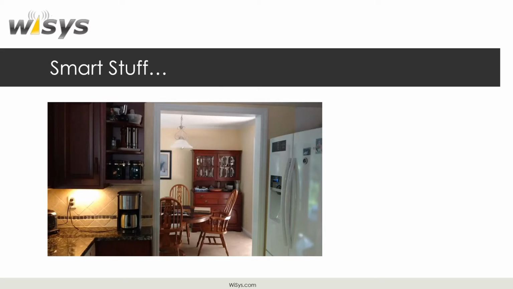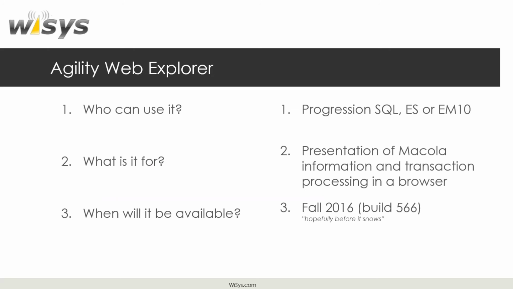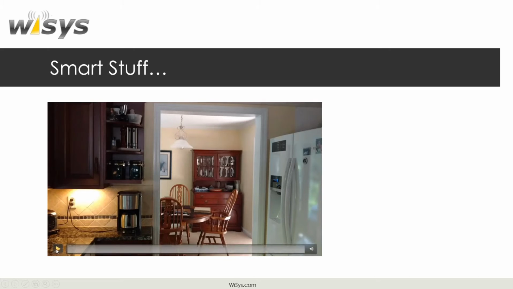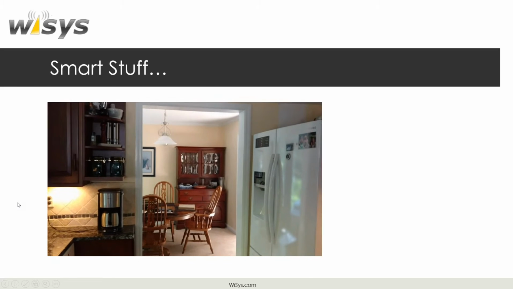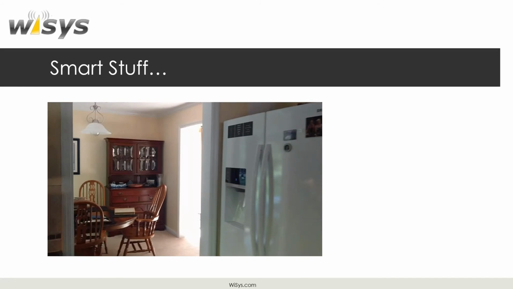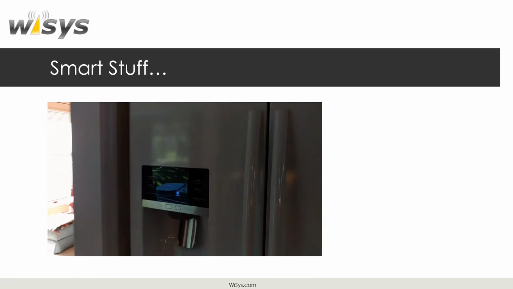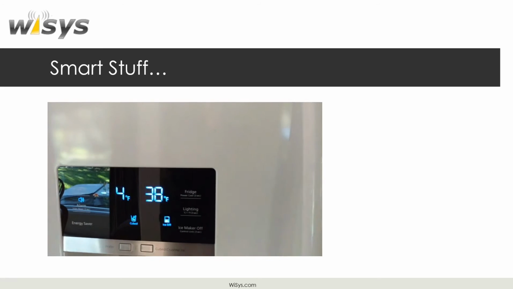So there are a lot of things that are smart. I wanted to take a look at something, and I have a problem that this Agility application is so hot. So let's take a look at that. Everybody's been talking about Internet of Things. You have your smart TV. Check out my fridge. It's pretty smart.